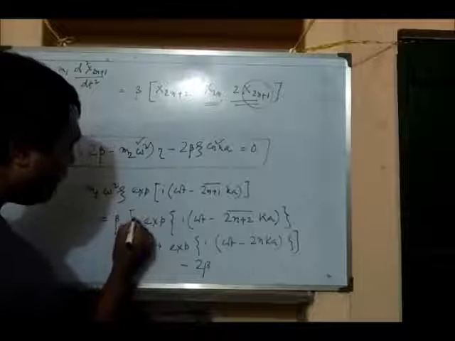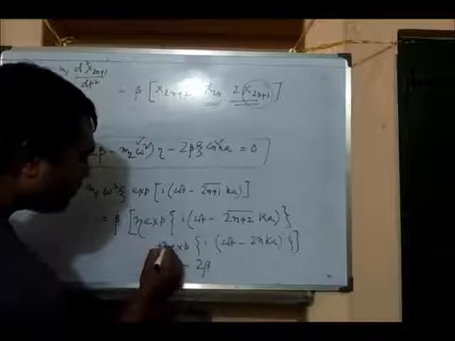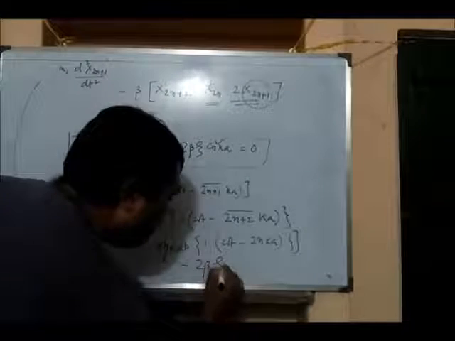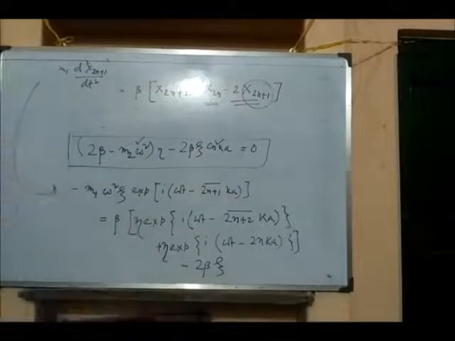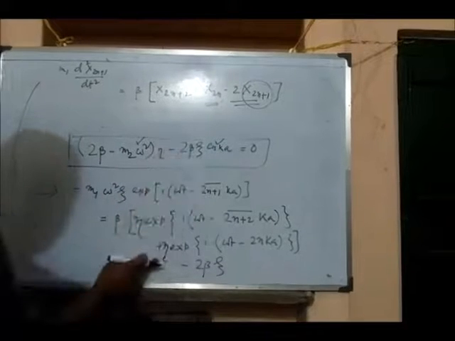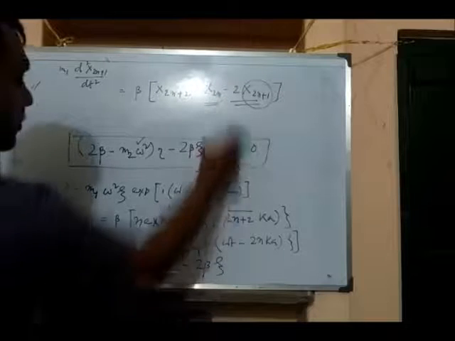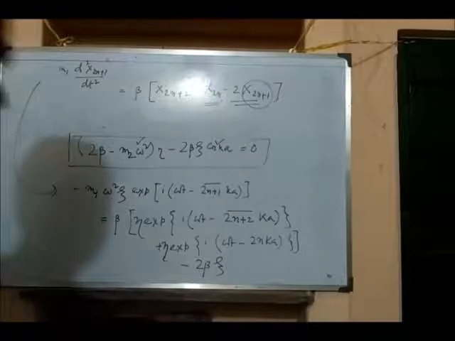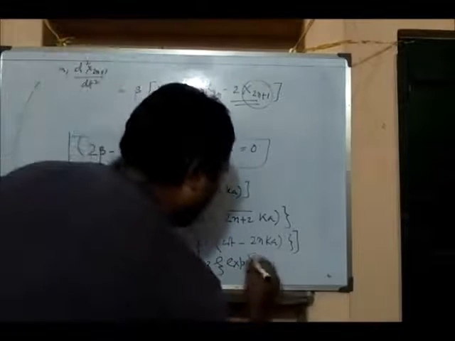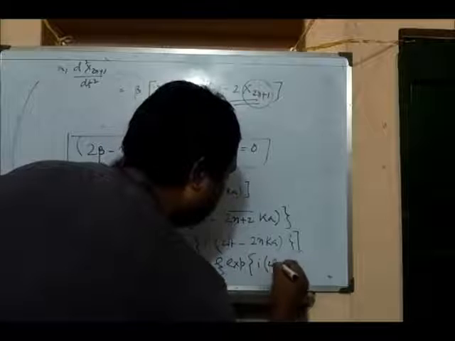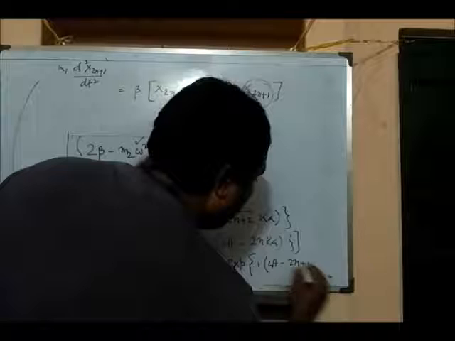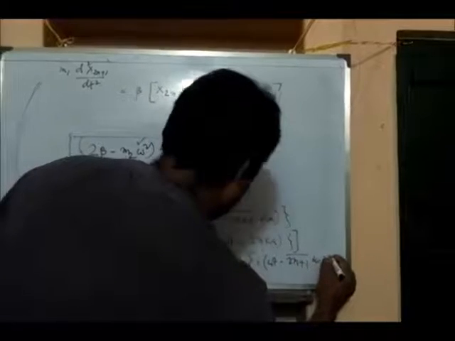As this is even vibration, the amplitude will be η, this is even vibration, amplitude will be η, and this is odd vibration, amplitude will be ψ. So ψ exponential i(ωt − (2n+1)ka). Right.